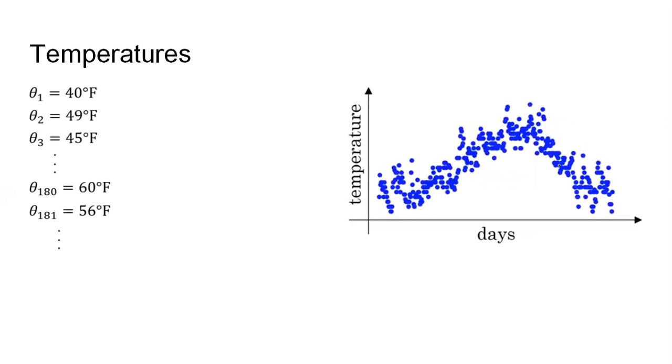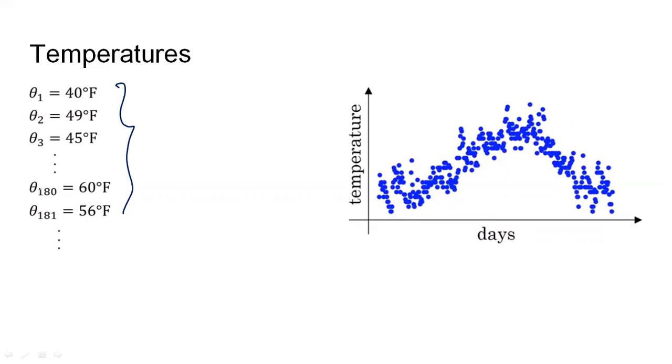Now in this slide, you can see on the left hand side the temperature of a city. These are the temperatures given to us. The first temperature is 40 degrees Fahrenheit, then 49, then 45, then 56, and so on.